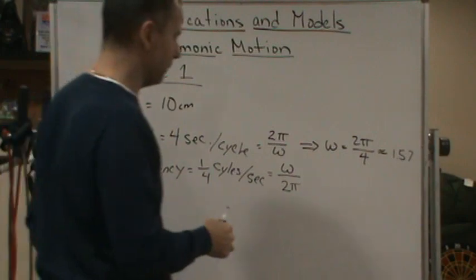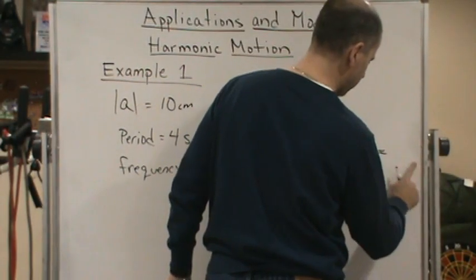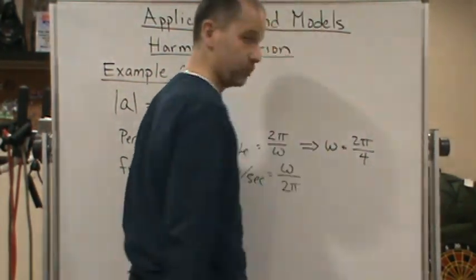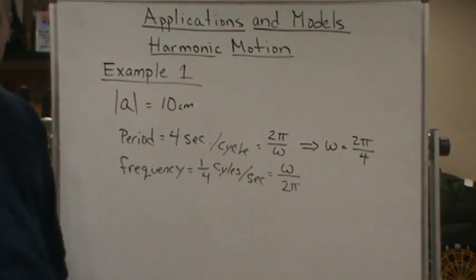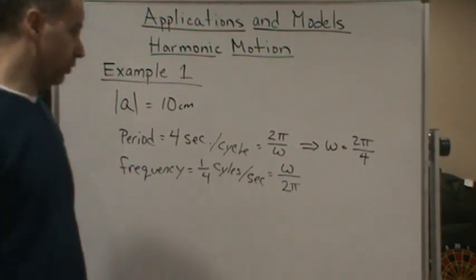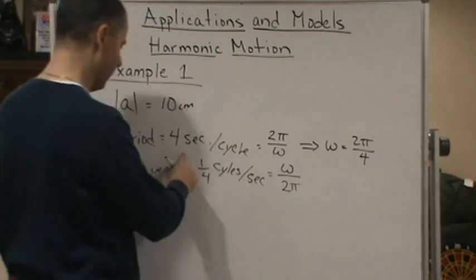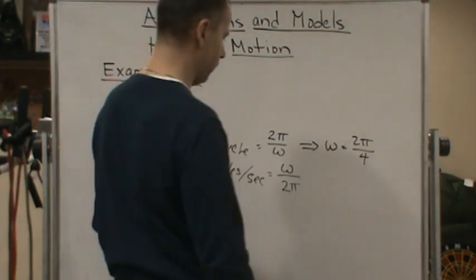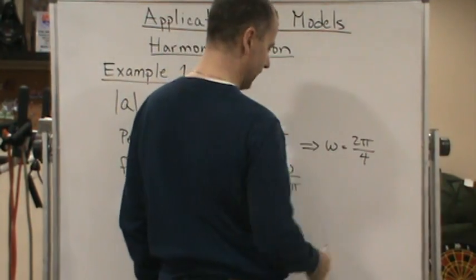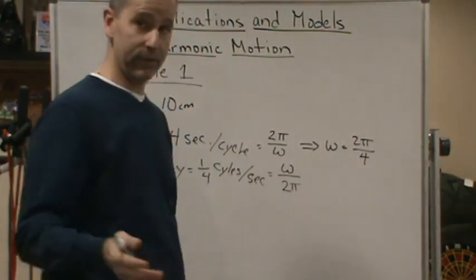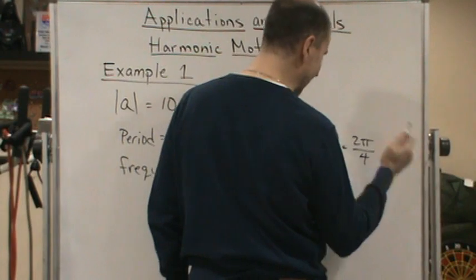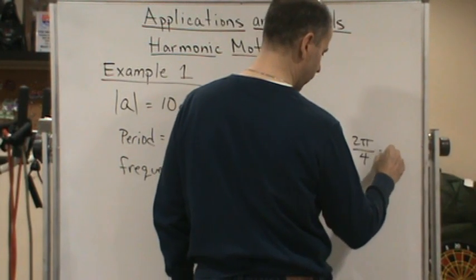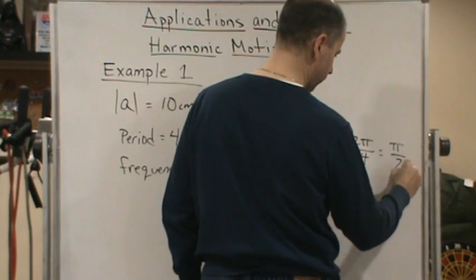Now, that's an approximation. If a problem asks for an approximate value, you would write it out to however many decimal places it wants. It would be a time, the period, so this would be in seconds, approximately 1.57 seconds. But if we wanted the exact value, we would just write this as pi over 2.